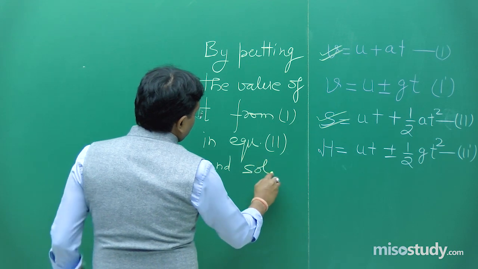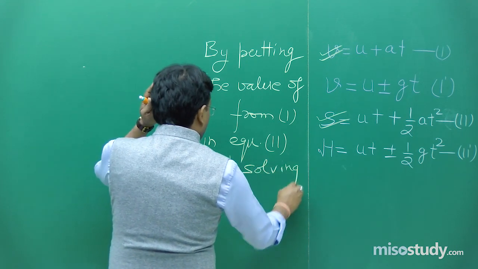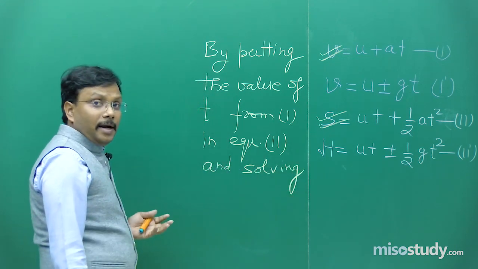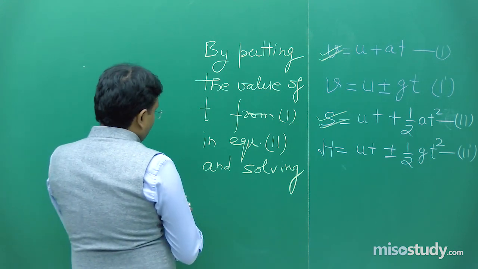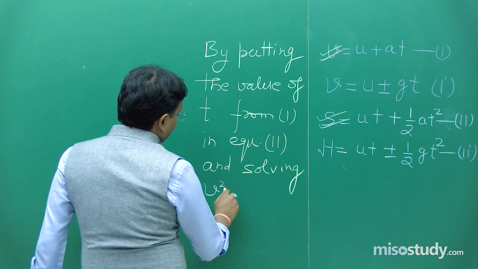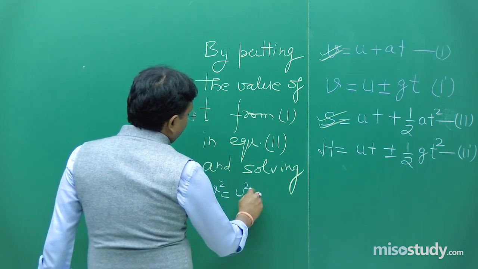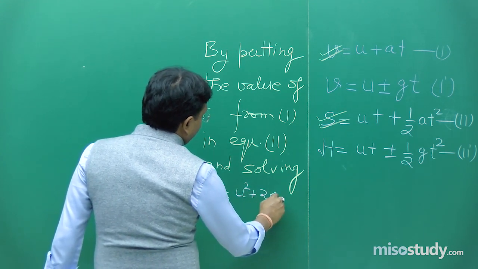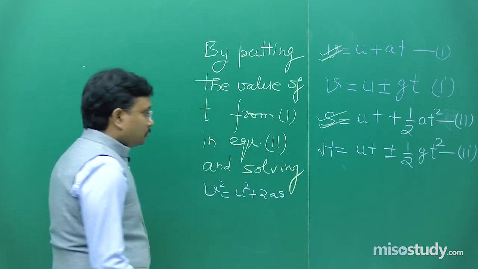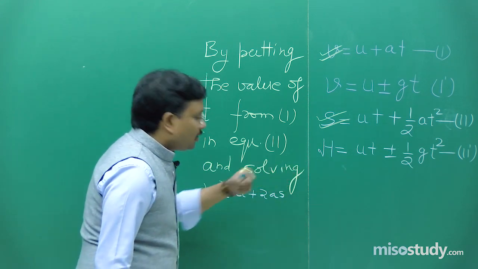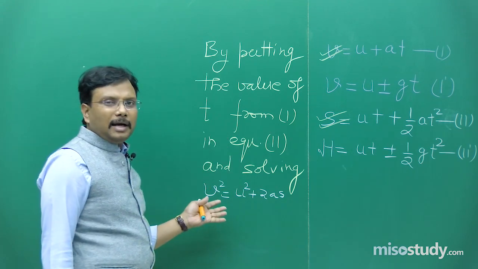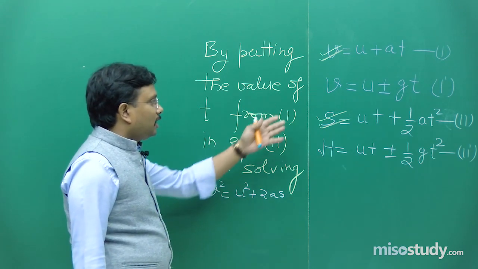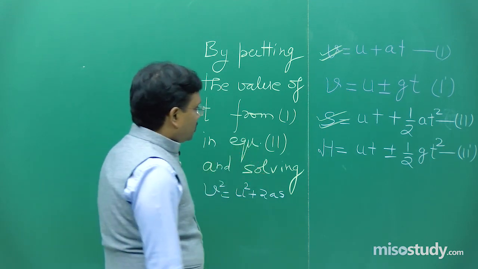Fine, what we will get, that is v square is equal to u square plus twice as. Fine. So, I will also mention this equation at this place, and this is so simple that I do not think there is any point of putting the equations values and solving it.